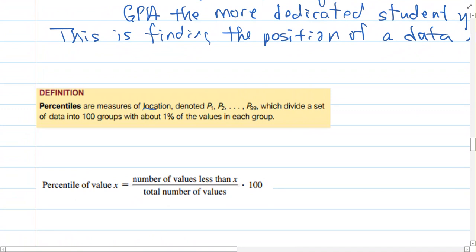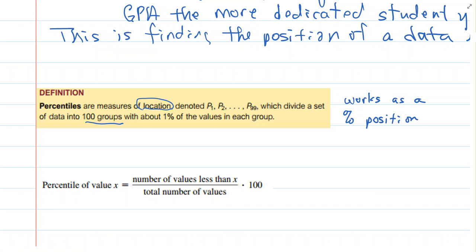Percentiles are measures of location, denoted by P sub a number, and that is the position in an ordered data set, which divides a set into 100 groups. In other words, it works as a percent position. So 100 is way at the max and 0 is nothing, right?